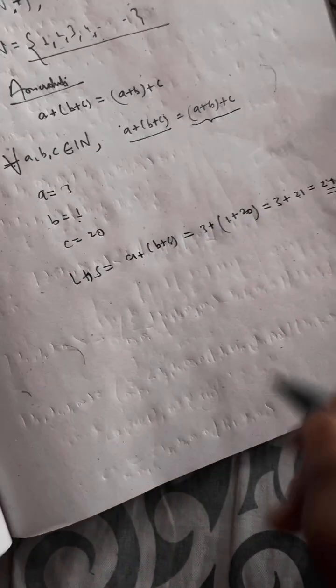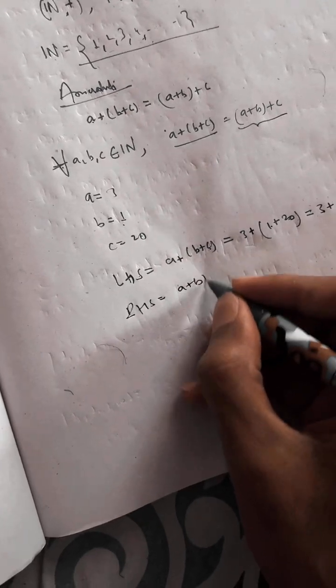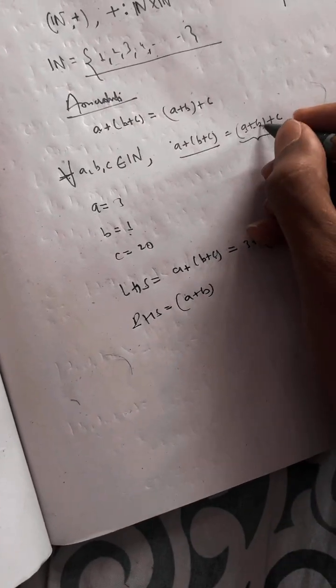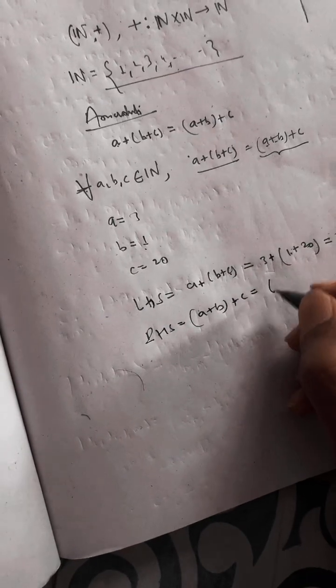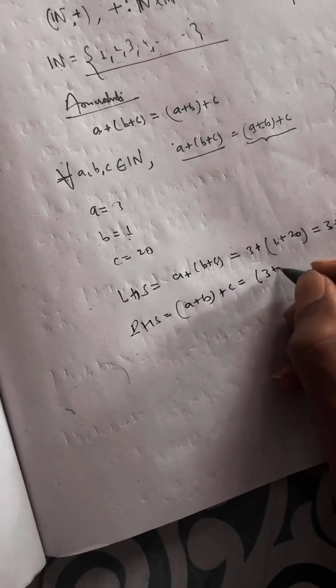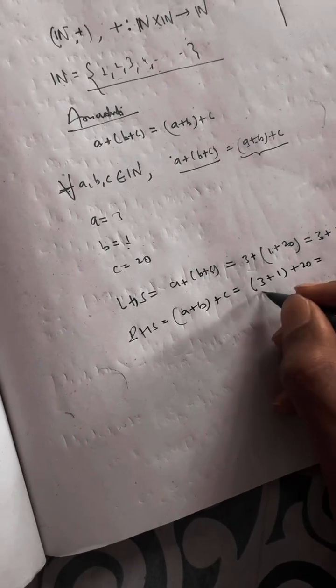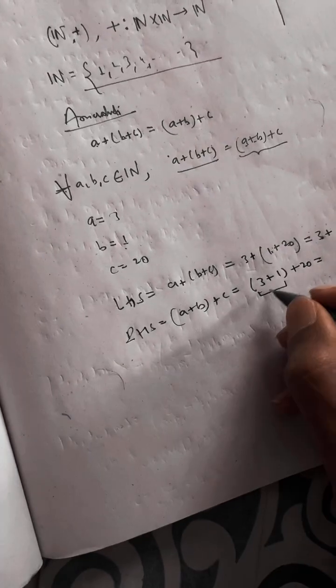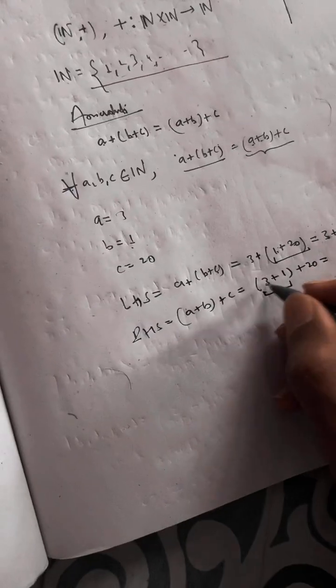Now for the RHS, what is our RHS? RHS is A + (B + C). Now we are going to substitute the same values again: A is 3, B is 1, and C is 20. Now we evaluate the bracket expression first, as we did here too.